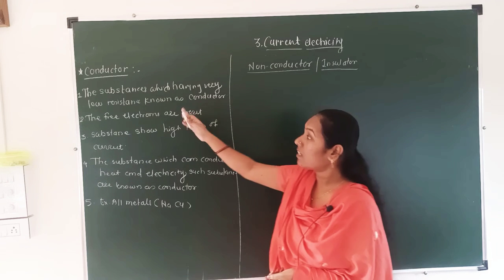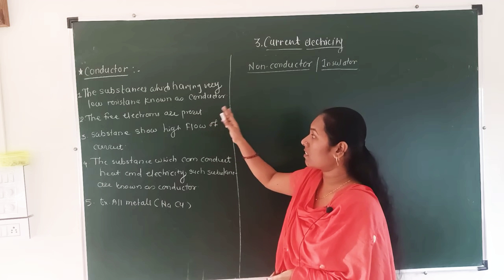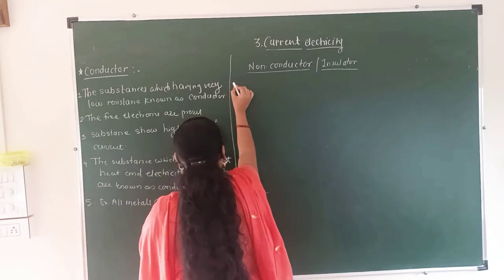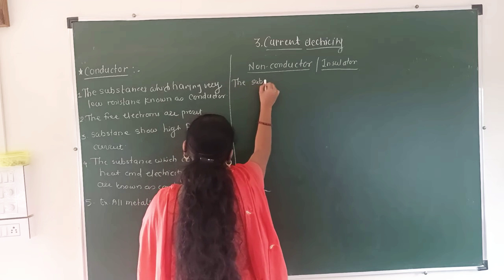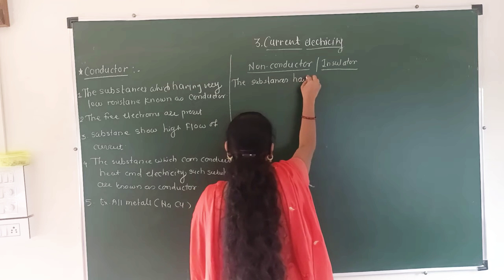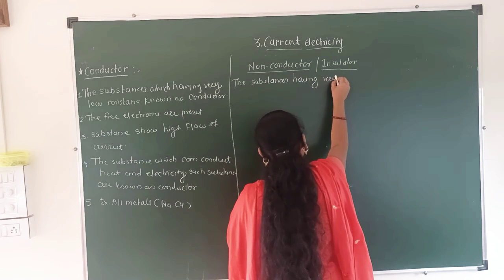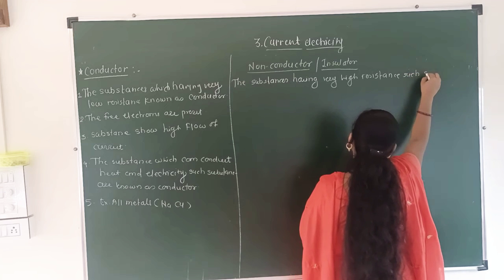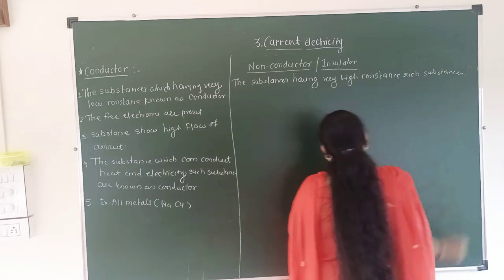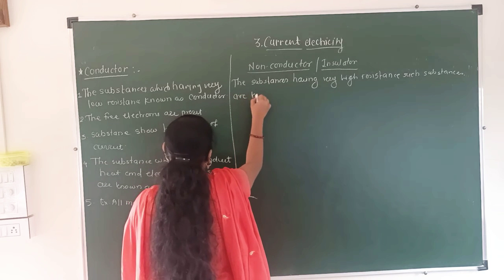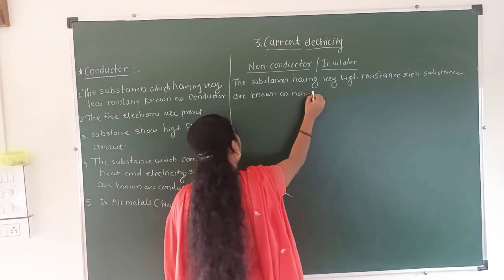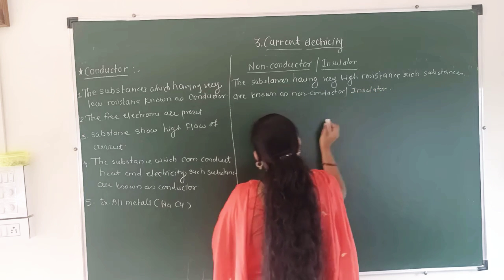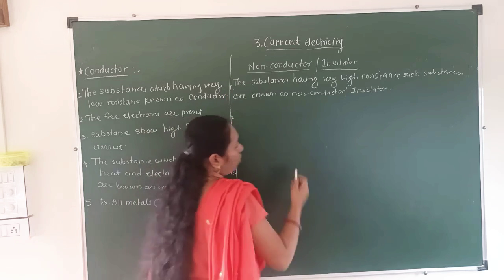Here the substances having very low resistance are known as conductors. Here the substances having very high resistance are known as non-conductors or insulators. The other point is that current is not flowing through the insulator.